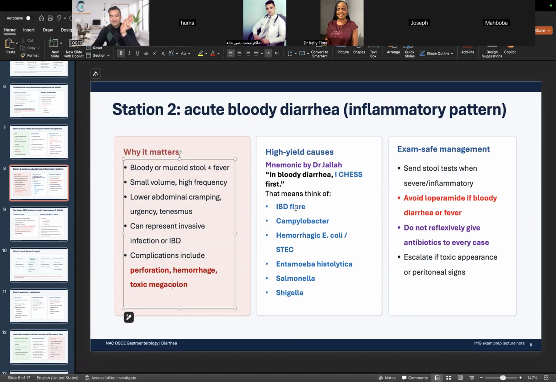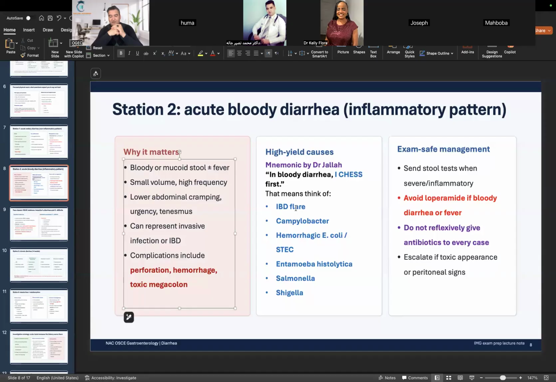If you have bloody diarrhea, just remember I for IBD, C for Campylobacter jejuni, H for hemorrhagic E. coli, E stands for Entamoeba histolytica, S stands for Salmonella and Shigella. Exam-safe management: send stool test when severe inflammatory.